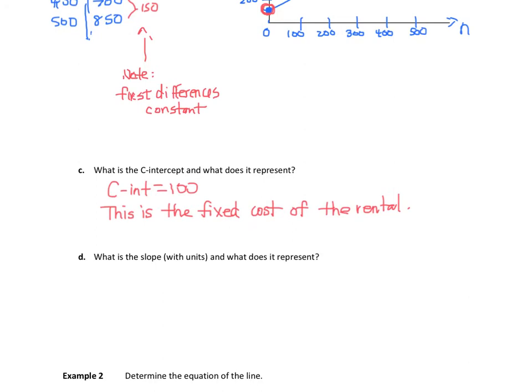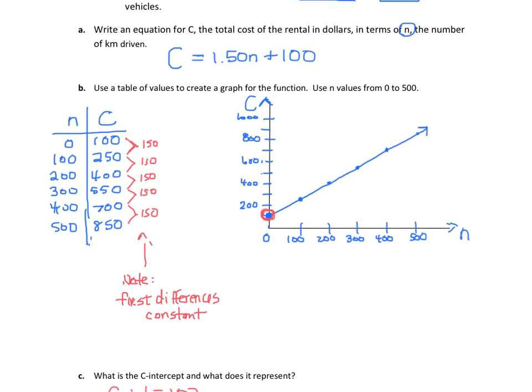Okay. What is the slope with units, and what does it represent? Now, the slope can be found in various ways, as I was saying at the beginning of this lesson. So you could use the equation. That would probably be the easiest here. So scrolling back up to your equation, we know that the slope is the number in front of your independent variable.